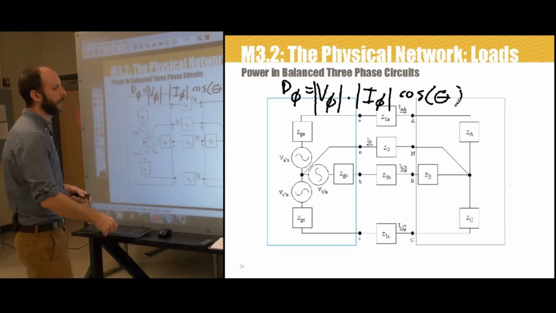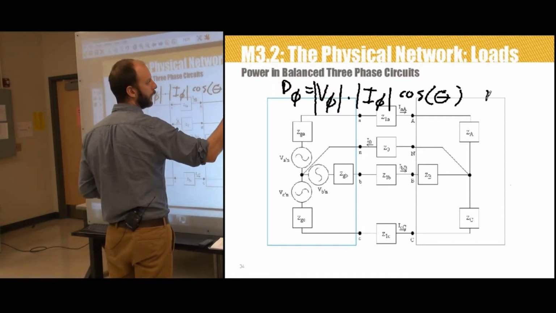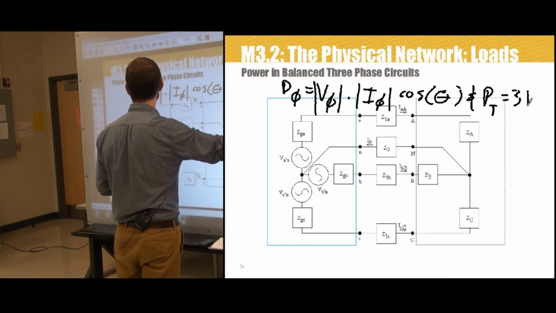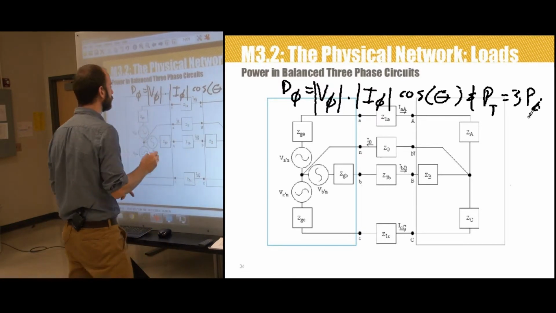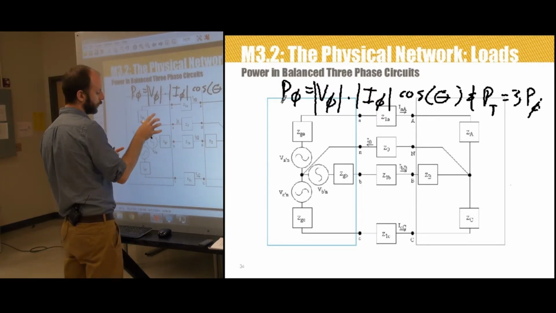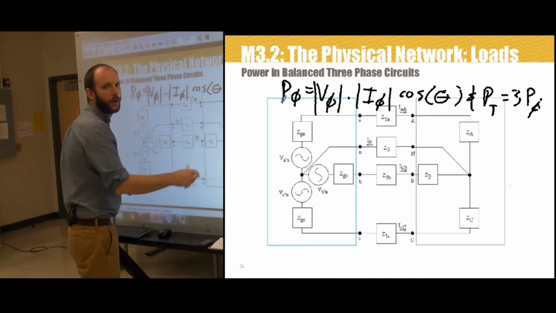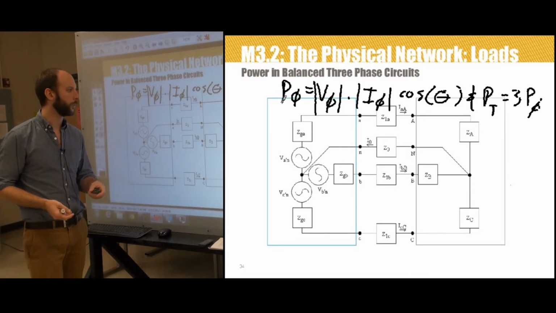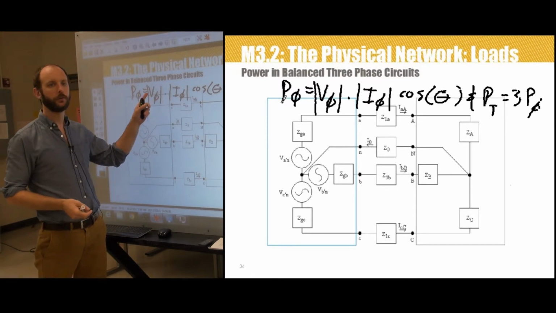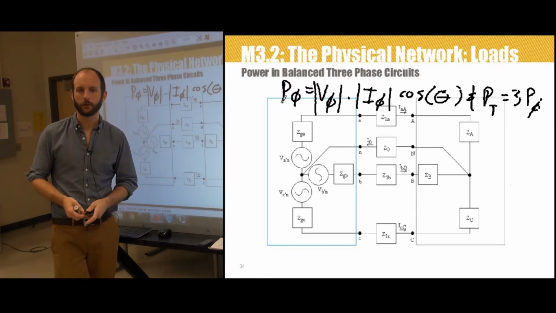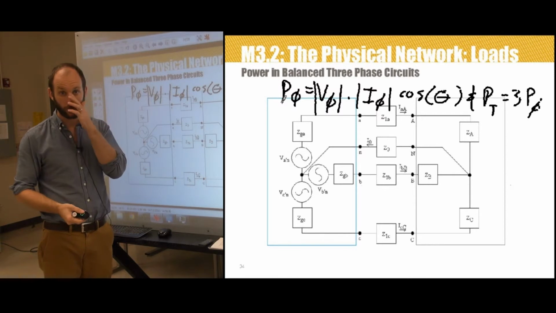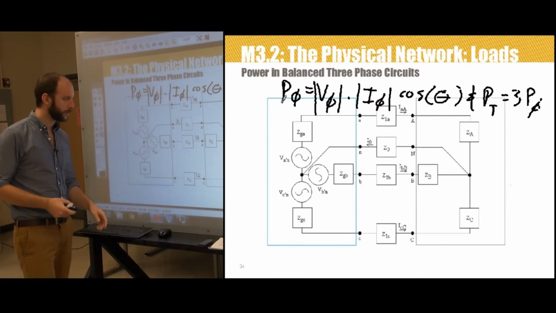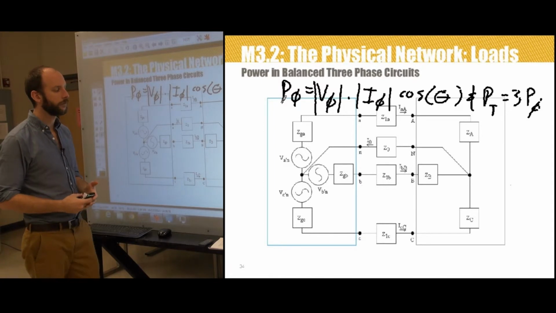Total power, PT, is just equal to 3 times the power in an individual phase, right? So the total power sourced by this whole thing is the sum of the three. So you would just write 3 times the magnitude of V phase, magnitude of I phase, cosine of the angle between the two of them.